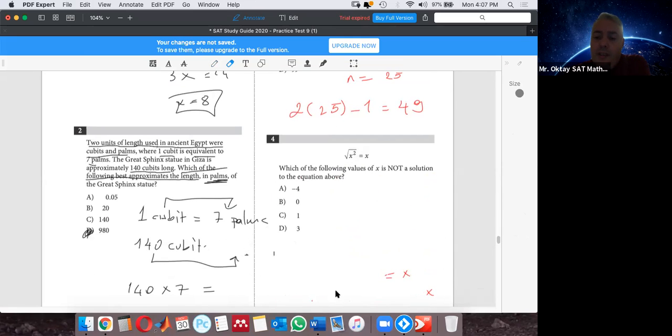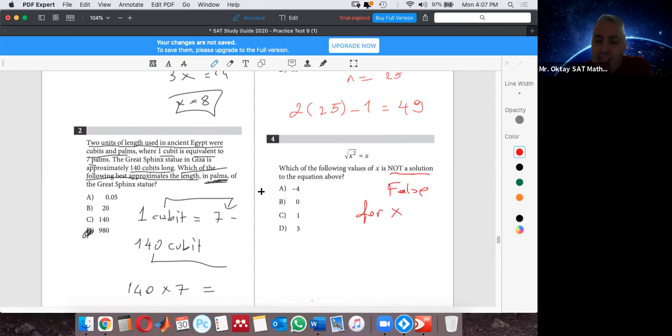Okay. The question is, be careful: which one of the x is not a solution? I mean, which one is false for x? This is the question. So if x is -4, we write -4 squared.